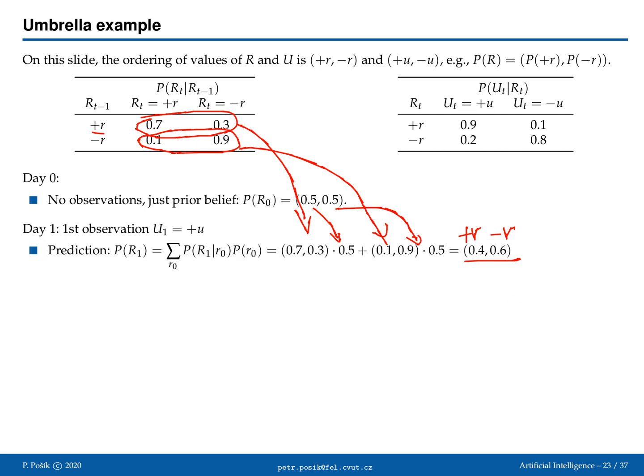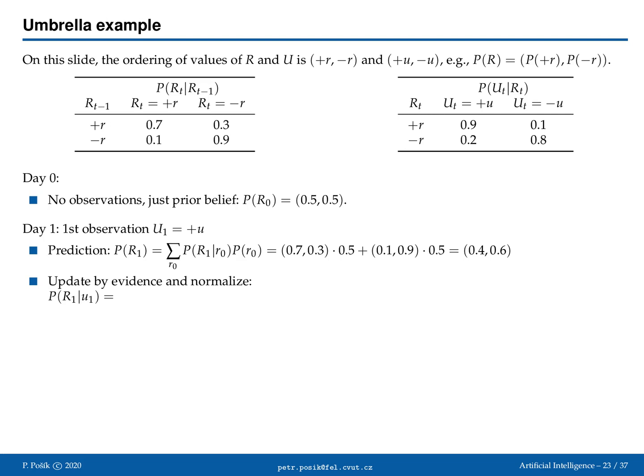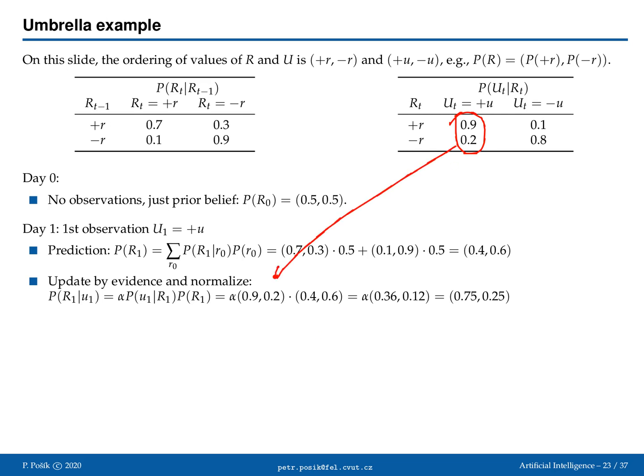But now you learn that your boss brought an umbrella, and you can update by this evidence and renormalize the distribution. So how do you do that? Well, you say, okay, my boss brought an umbrella, which is basically this thing. I will use this pair of numbers here, and I will use my current belief of what the states are.